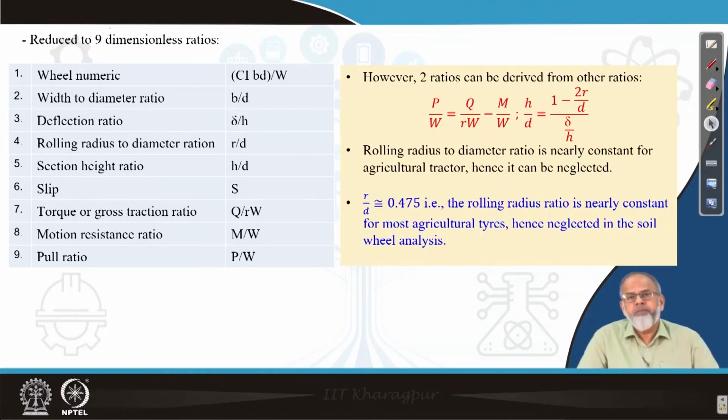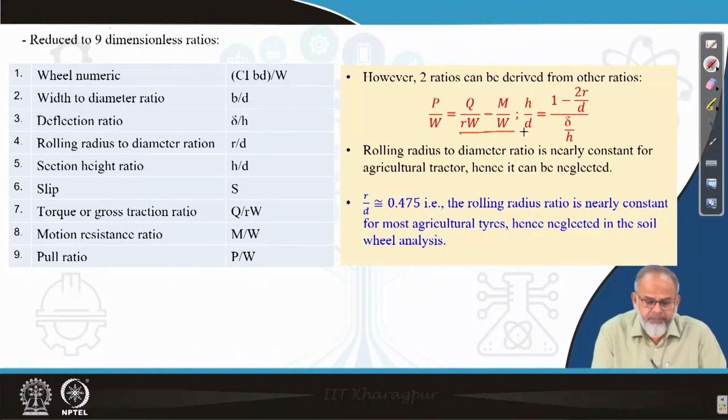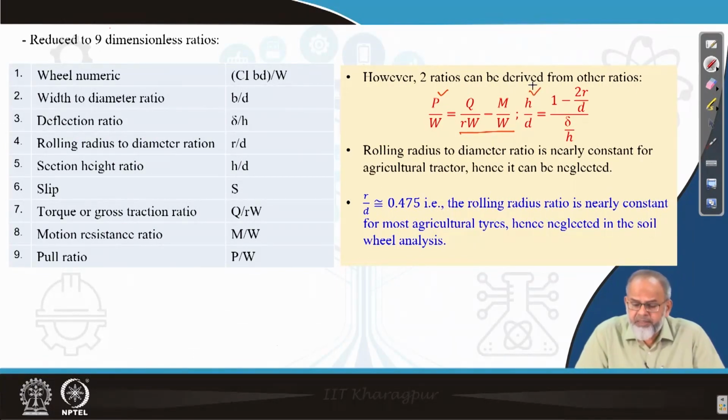For example, P by W can be derived if you know Q by RW and M by W. The difference of these two will give you P upon W. Similarly, the section height ratio H upon D can be derived if you know the rolling radius R, the overall diameter and the delta by H ratio. So, these two parameters, P by W and H by D, are derived from the other dimensionless variables which he identified.